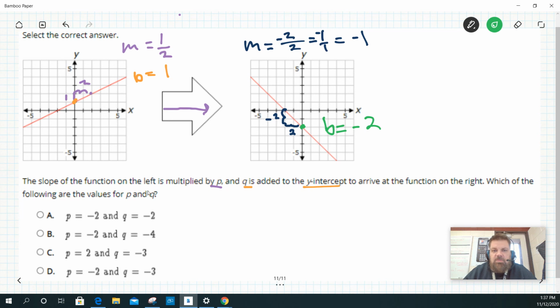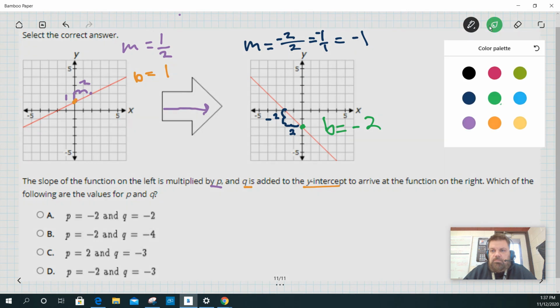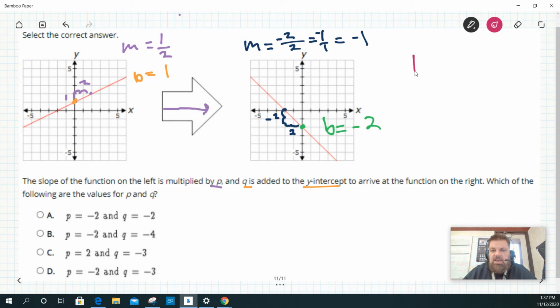So I got to figure out what I'm doing. So p, in other words, 1, let me write this out a little better. So my transformation is p times 1/2 has to equal negative 1.